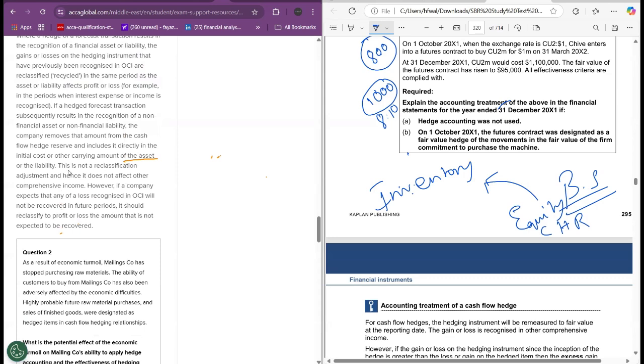So this is not a reclassification adjustment, and hence it does not affect other comprehensive income. However, if a company expects that any of a loss recognized in OCI will not, yeah.